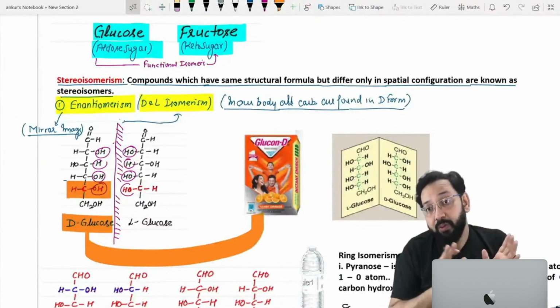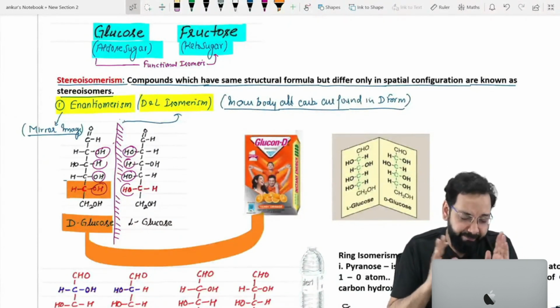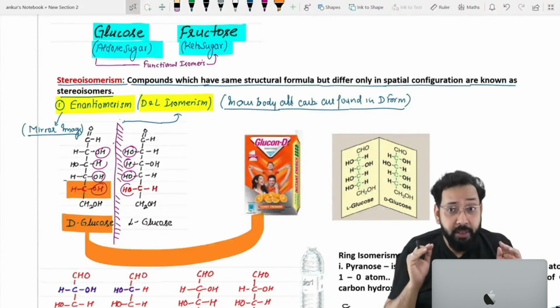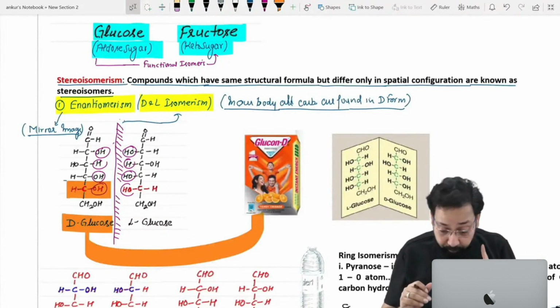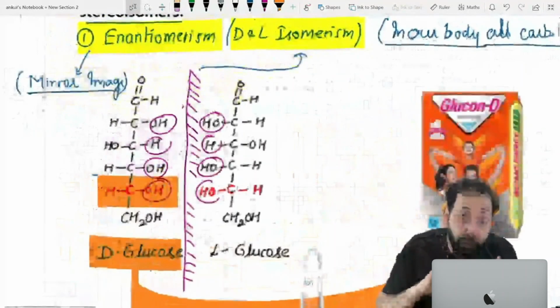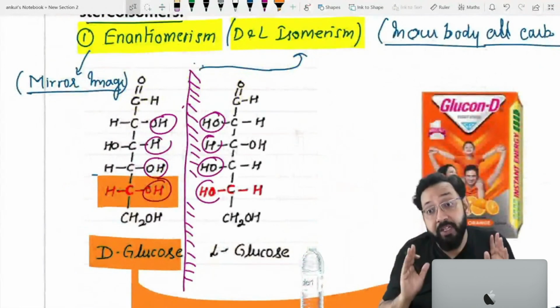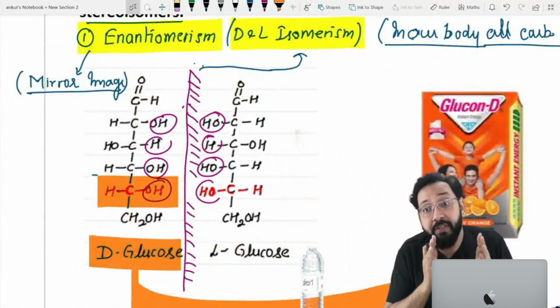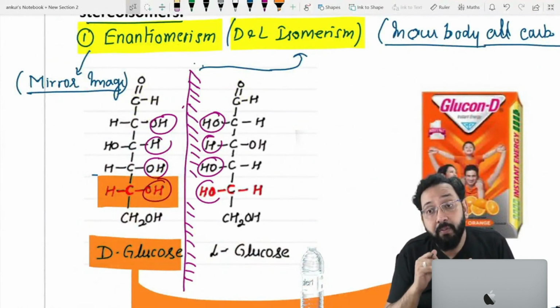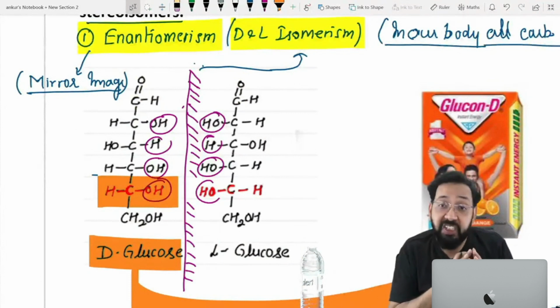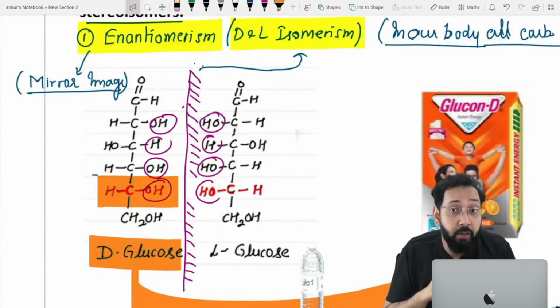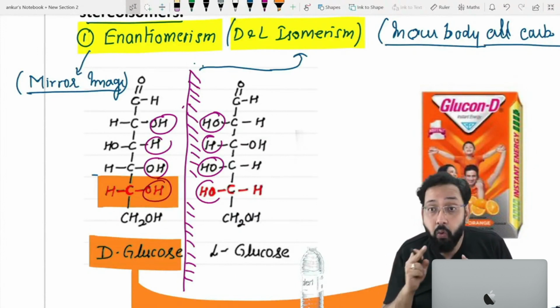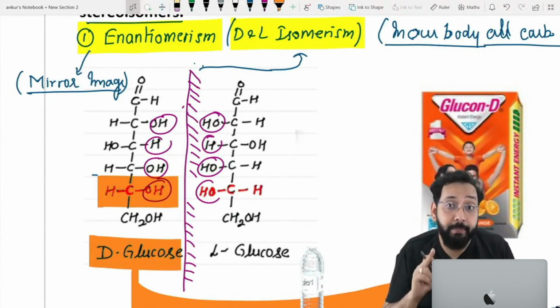Whenever there is an OH orientation change at the penultimate carbon, although in enantiomerism they are mirror images, the OH orientation is different not only on the penultimate carbon but also on other carbons. But we defined capital D and capital L on the basis of the penultimate carbon.